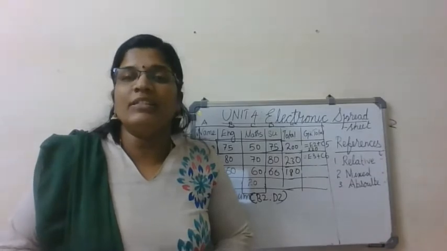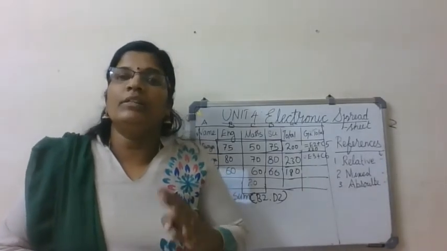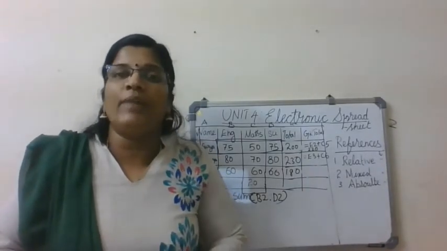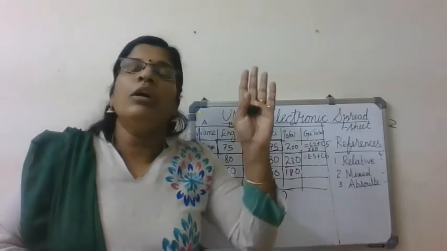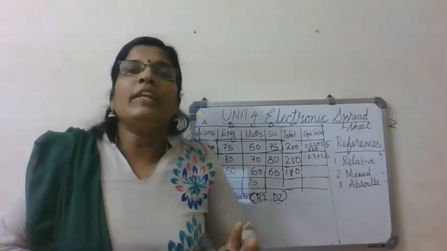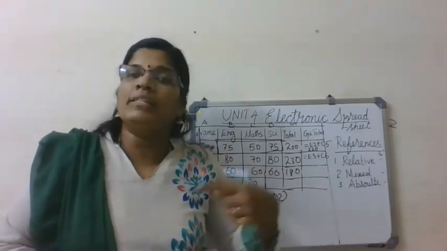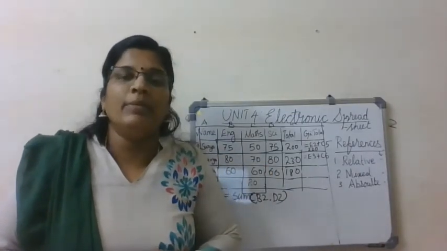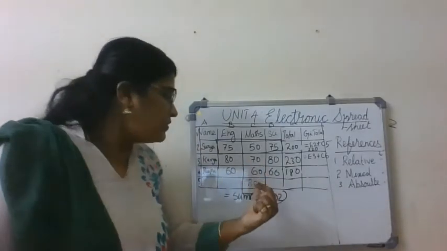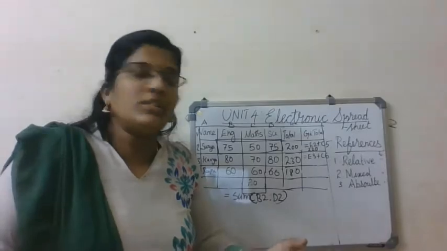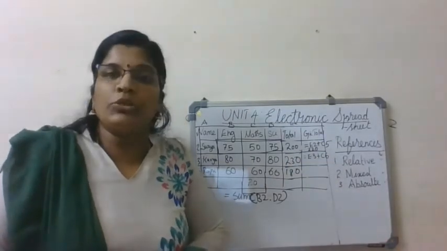So mixed reference in the sense, see whatever the cell which is going to be the constant value, which remains same for all the cells. Variable means which keeps changing from one cell to another cell. Constant means which remains same. Okay, so this 20 has to be a constant value for the remaining students.